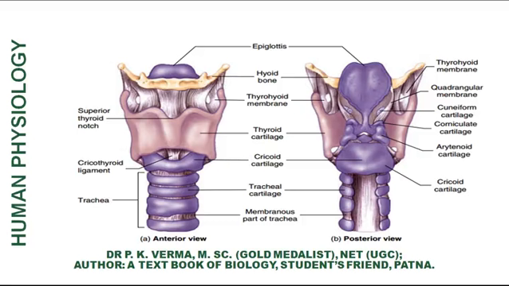It is more protruded in male but less in female. From the dorsal side or posterior view, you can see the position of the epiglottis. Below the epiglottis on the two sides there are arytenoid cartilages followed by a large cricoid cartilage.